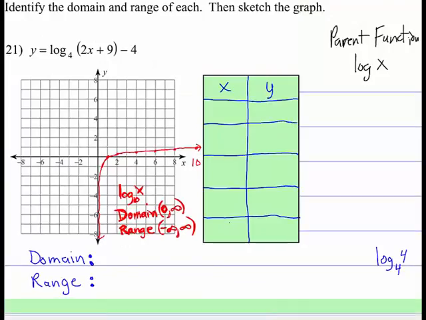Okay, identify the domain and range of each, then sketch the graph. Here is a really key thing. Think about the parent function. In my classroom, the very far right graph gives you the parent function of the exponential and the log, just the parent function of the log of x, right? And here I've drawn it right here.